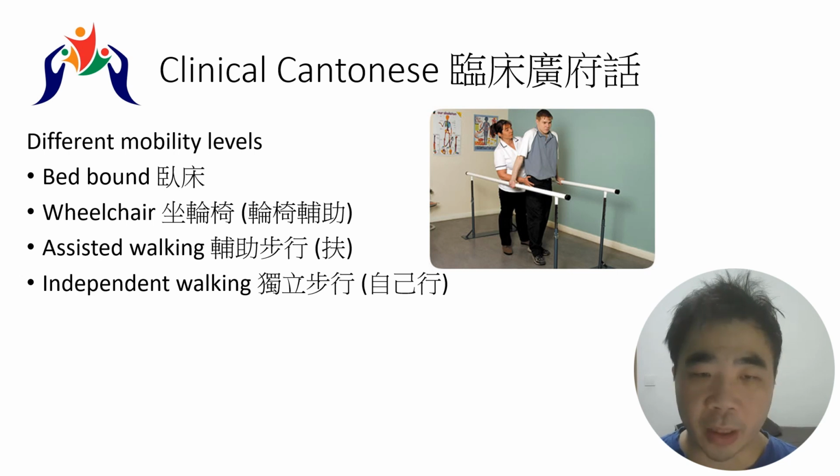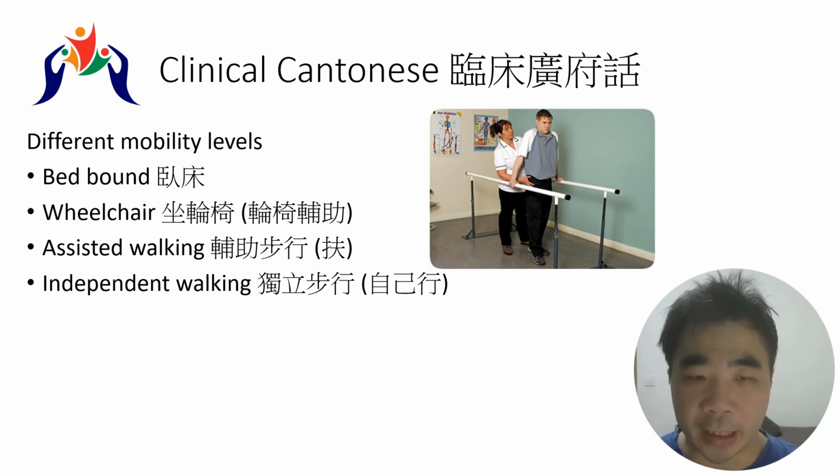Bed bound, we call it 卧床. 卧床. If it is expected for long term, after half a year or 1 year of rehabilitation and then no significant improvement, everything in chronic, we call it long term, 長期. 長期. I did not write it here, but just remember it.